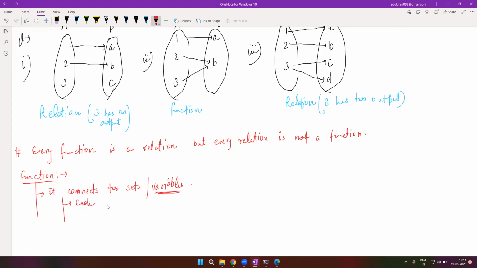I'm adding both of the conditions in the single statement. So each element of domain must have an output.